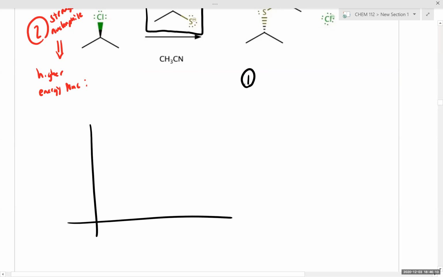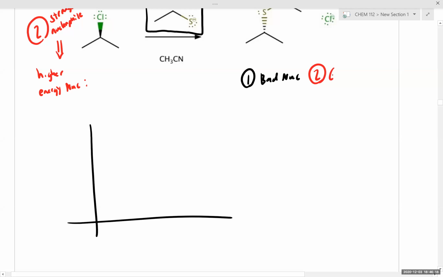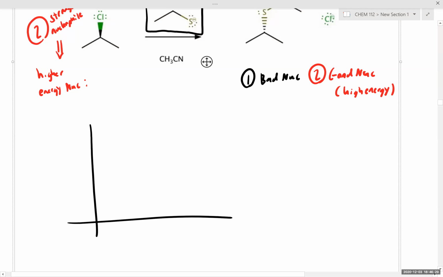So pathway 1, we have a bad nucleophile. In pathway 2, we have a good nucleophile, which means high energy. Okay. So then let's just draw pathway 1 as our reference. So we have our substrate, we have our nucleophile.